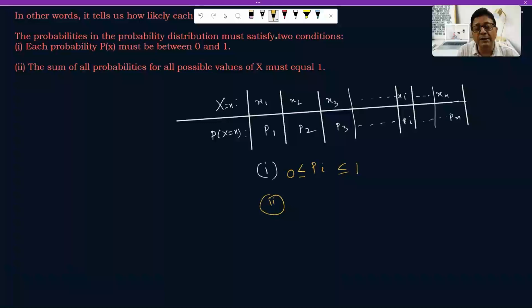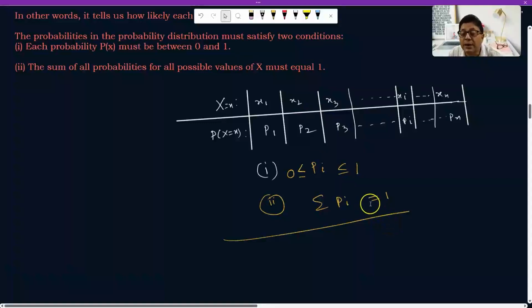And second, that sigma pi equals 1. If this condition is not obeyed, then it will not be a probability distribution. We will see some problems where this condition may not be obeyed.